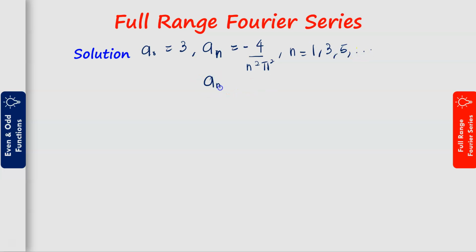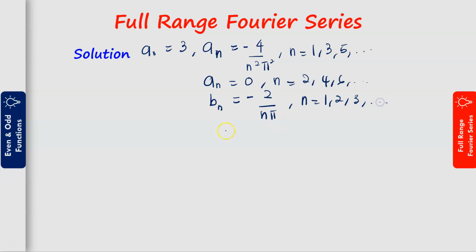And then An equals 0 for n equals 2, 4, 6, and so on. And then we have solved for Bn, which is negative 2 over n pi for n equal to 1, 2, 3, and so on.